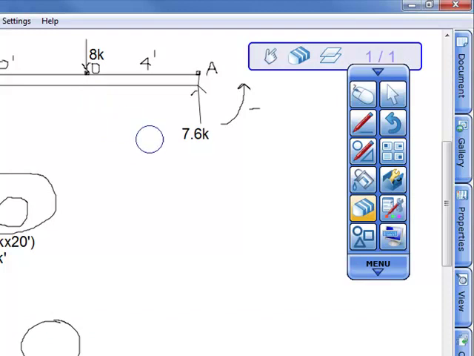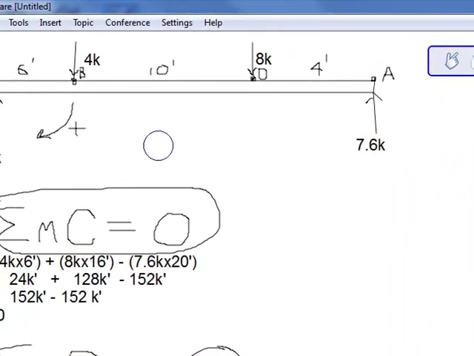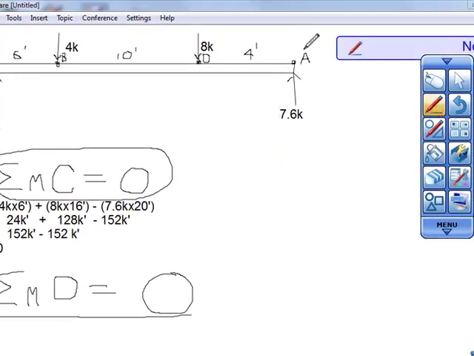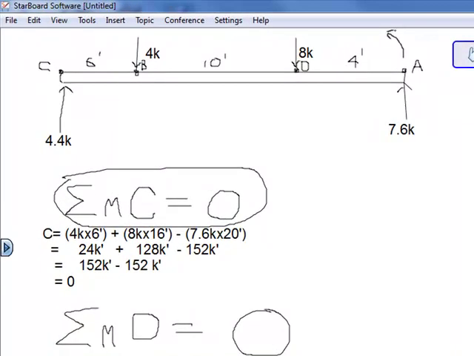I'm erasing my positives and negatives from before because that's not going to be true for this problem. And I'm going to redraw those pertaining to this problem. So about D, that 7.6 kip force is going to be a negative moment. The 4 kip force is going to also be a negative moment.